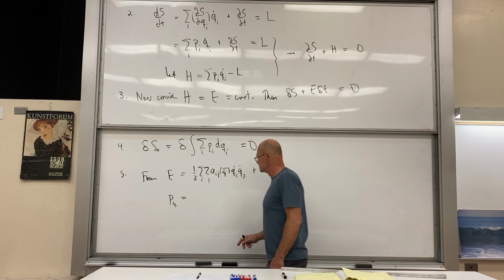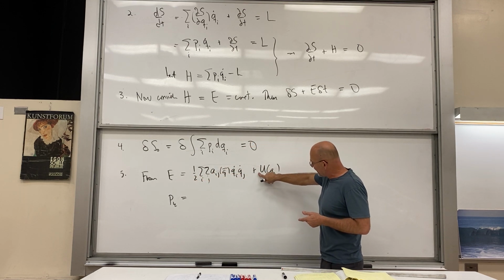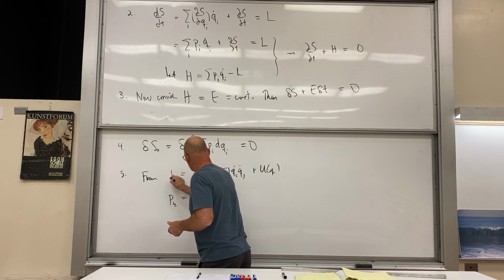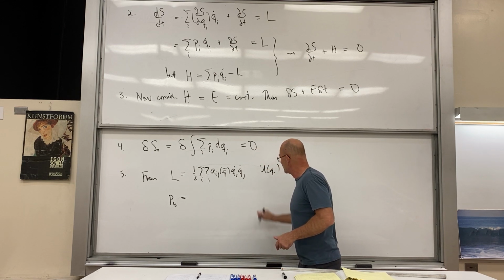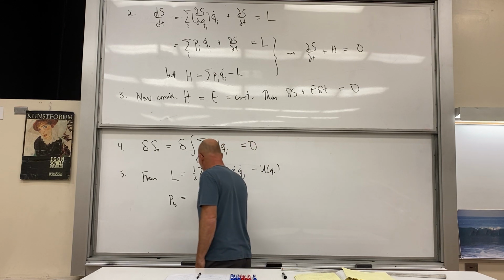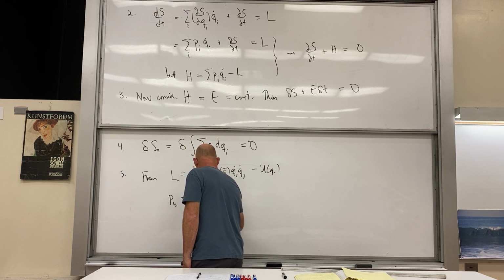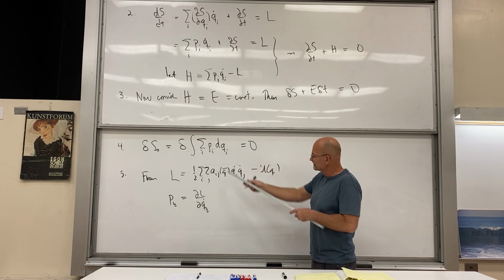yeah, well, I'm thinking of L and E at the same time. If I write this as L equals this minus U, let's go ahead and do that. Then we have p_k equals dL/dq_k dot. We express that in there.